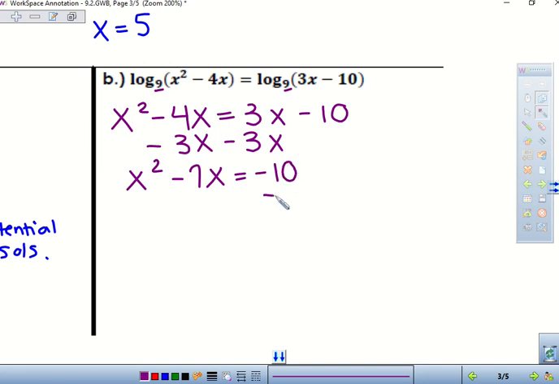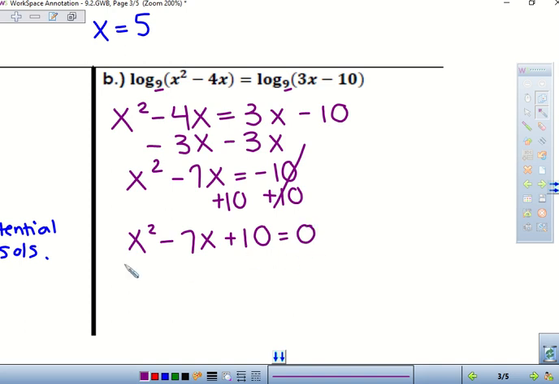And then lastly, I'm going to add the 10 over. Alright. Now I'm looking for factors of 10 that add up to -7. Good. -2 and -5 would add up to -7, but would multiply and give me 10.